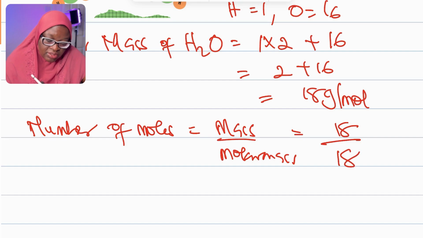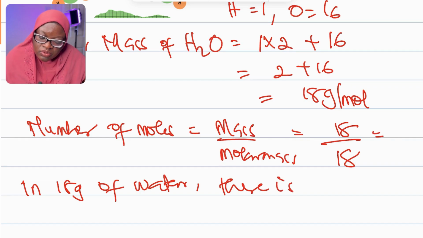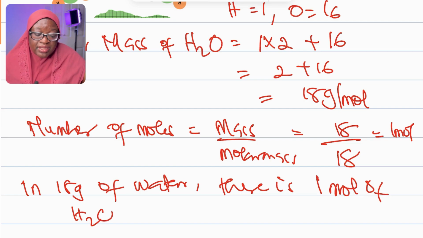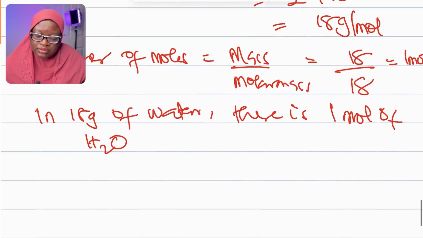So that means in 18 grams of water, there is 1 mole of water. And with this formula, if you know the number of moles, you can calculate the molar mass. You can use that to find the mass. The same way, if you don't know the molar mass, you can use the number of moles and the mass to calculate the molar mass.